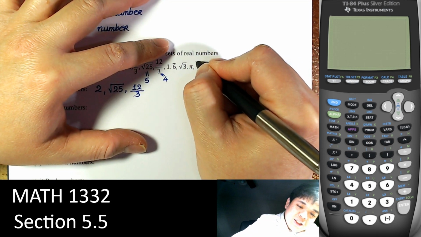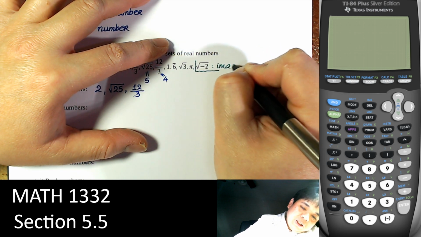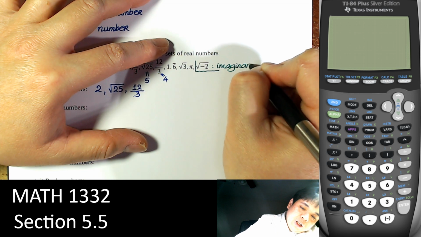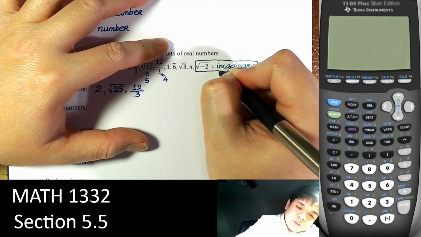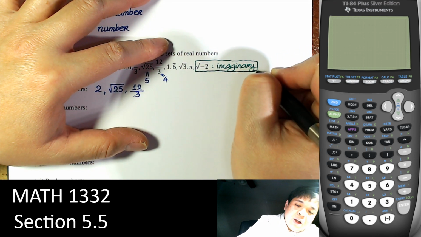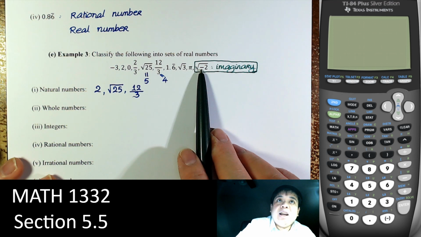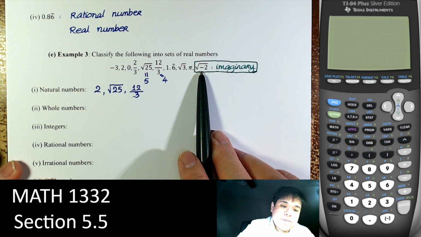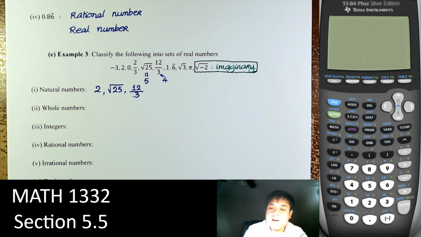I just want to put square root of negative 2 here. This is defined to be imaginary. So pretty much anything that has a negative inside the square root is imaginary, right? So, as far as the natural numbers go, that's all we have.